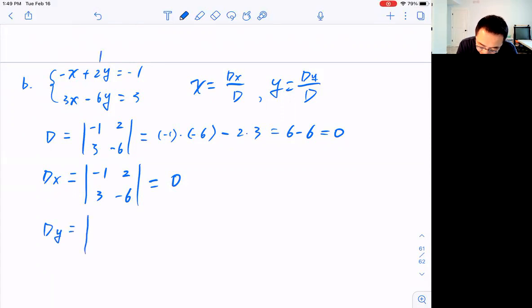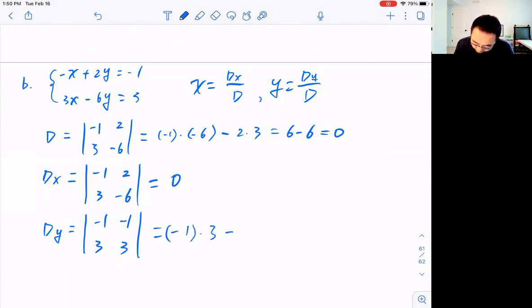Okay, then dy is replacing the coefficients of y with constants. So that means you have the determinant of negative 1, 3, and negative 1, 3. Okay, because this column here is the column from the constants. So this equals clearly negative 1 times 3 minus 3 times negative 1, also 0.